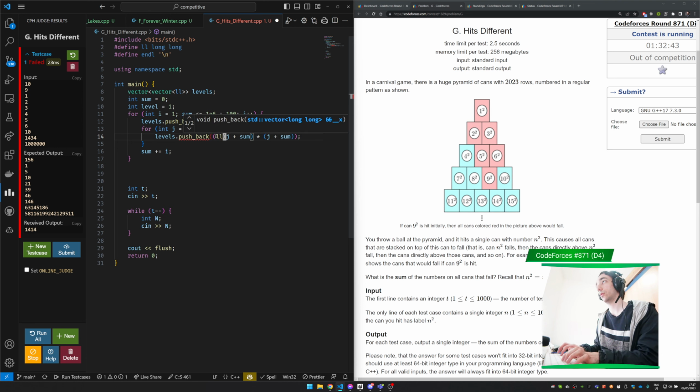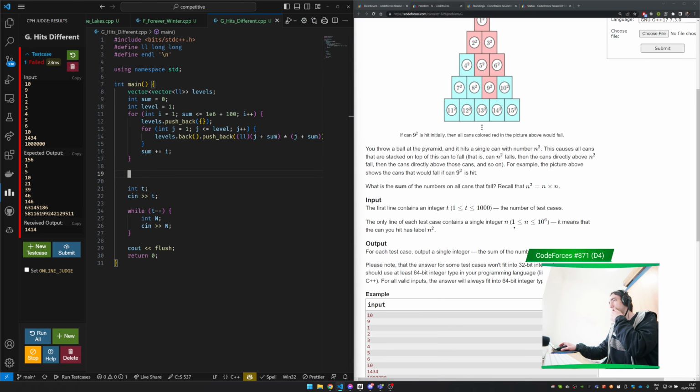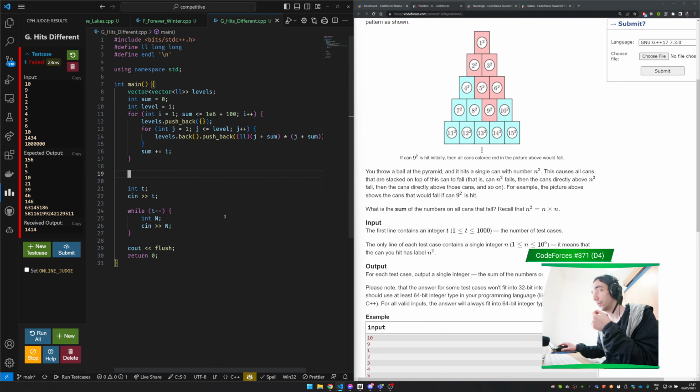Okay, this should be long, levels at, or that back is just fine. How does this not overflow? Yeah, it doesn't overflow.